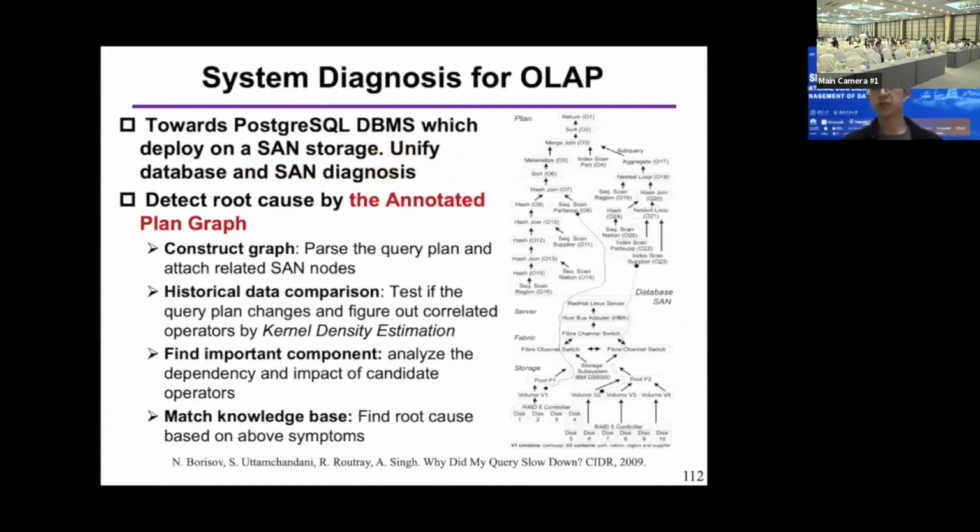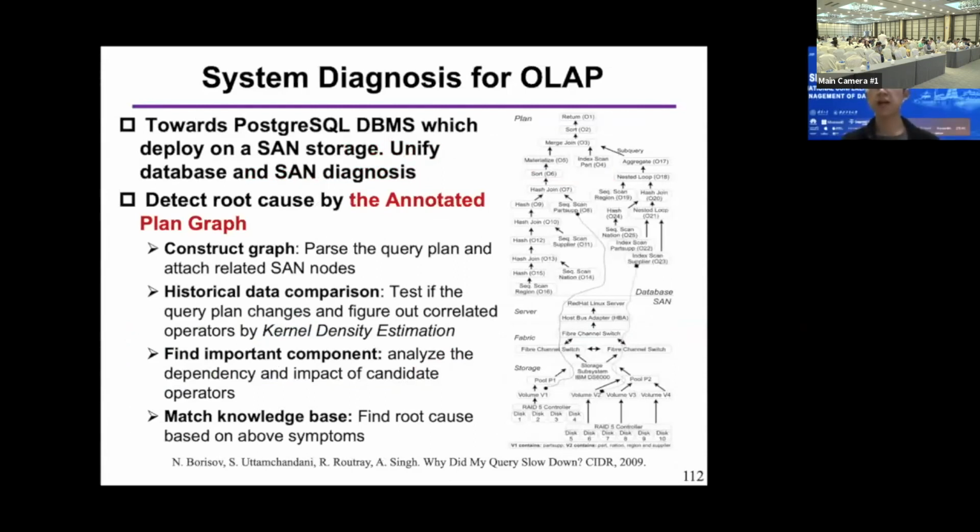Another interesting solution is to unify the diagnosis on databases like PostgreSQL and the SAN storage. The core idea is to build a knotted plan graph from the workflow of the query execution.